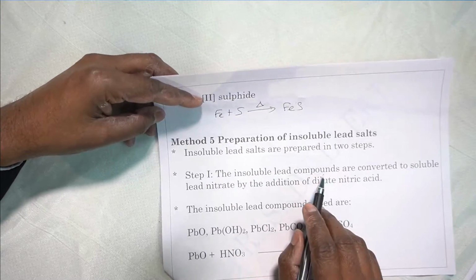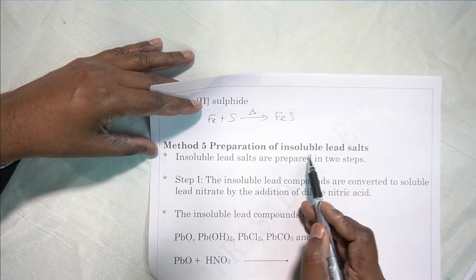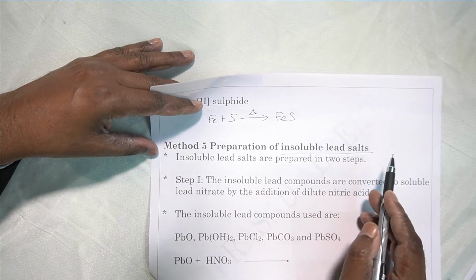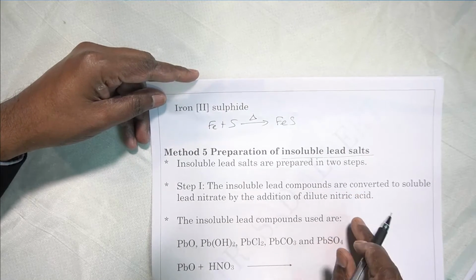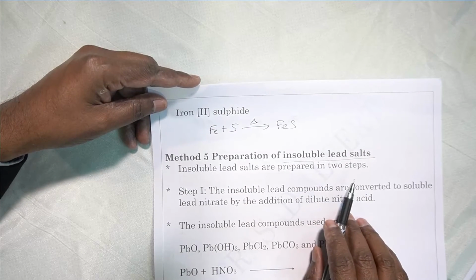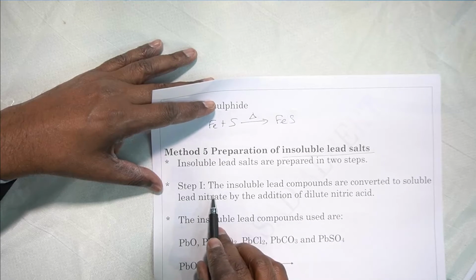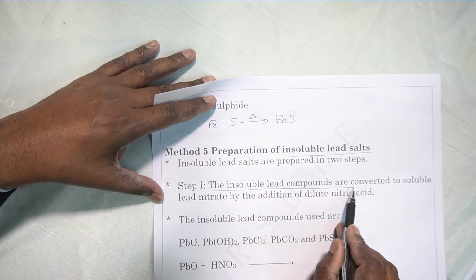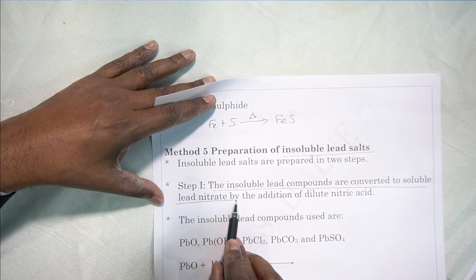Now the next method of preparation of salt, method 5, is preparation of insoluble lead salts. Now we know that among lead salts, only lead nitrate is soluble, the other salts are insoluble. Lead salts are prepared in two steps. Step one: the insoluble lead compound that is given to us is converted to the soluble lead nitrate.